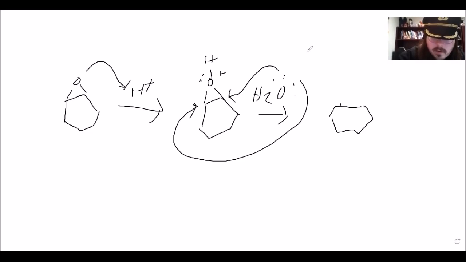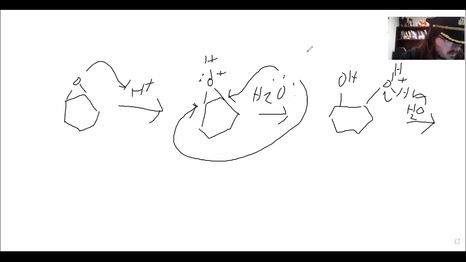So we have an alcohol, and now we have a protonated alcohol. And in the presence of more water, you just deprotonate it to regenerate our acid. So we get a mix of enantiomers.